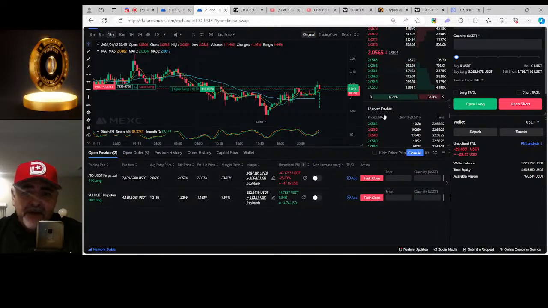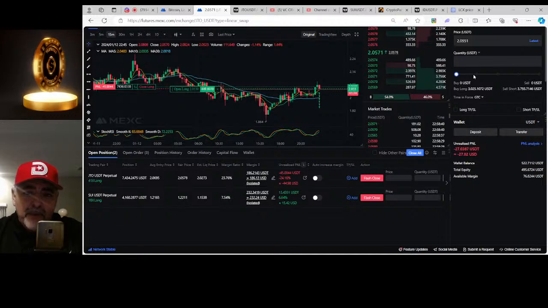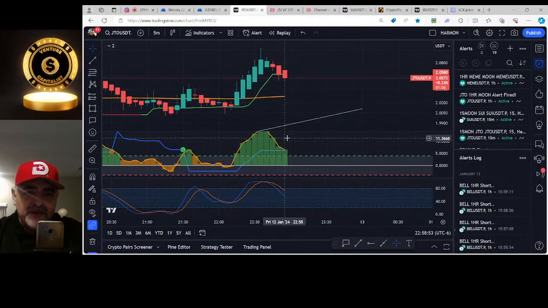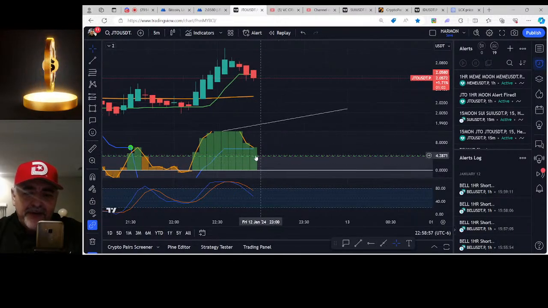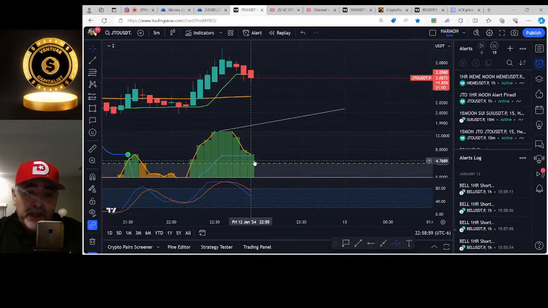JTO over here, we have a little bit of cost averaging that we can do, but we're going to call the trade at a 30x leverage stop loss. This is what's bothering us here, that it wants to do a 5-minute red moon, which would be where we close this trade.